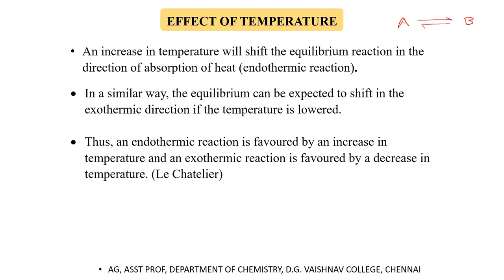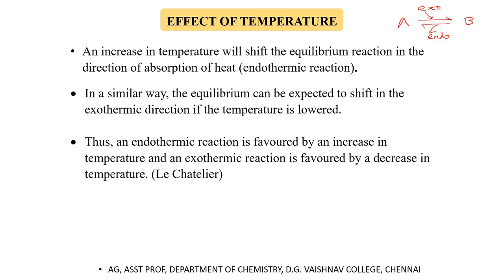In equilibrium the forward reaction may be exothermic or endothermic. If the forward reaction is exothermic, then definitely the backward reaction should be endothermic, or if the forward reaction is endothermic, the backward reaction should be exothermic. This is well known in the case of equilibrium reactions.